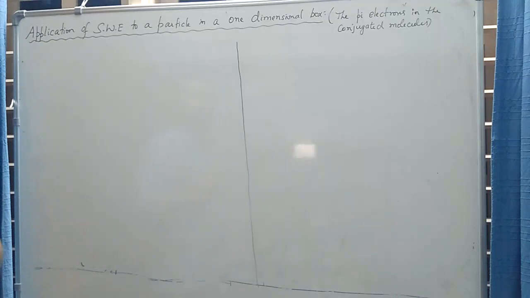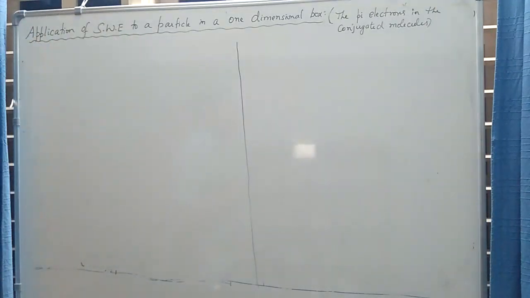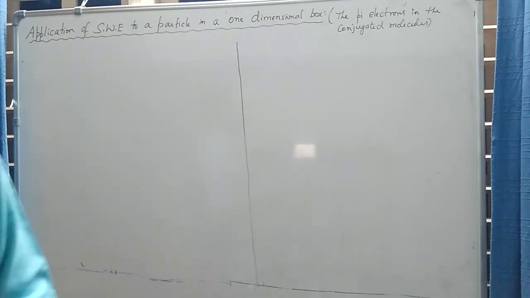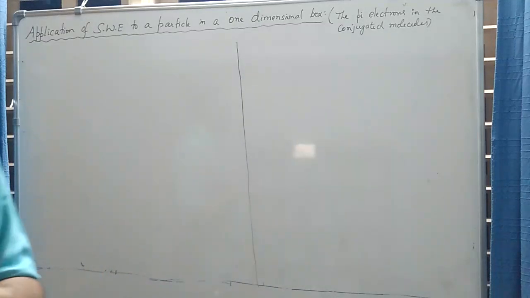But the advantage of studying such a system is that once we obtain the expressions for energy and wave function, we can analyze them and interpret some important information from those equations.